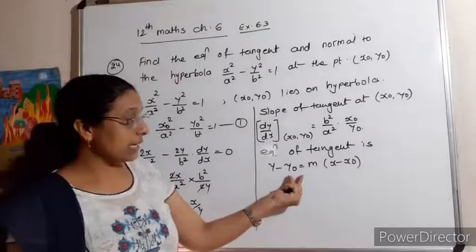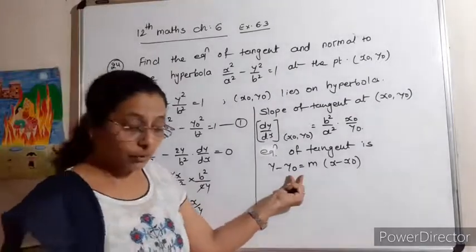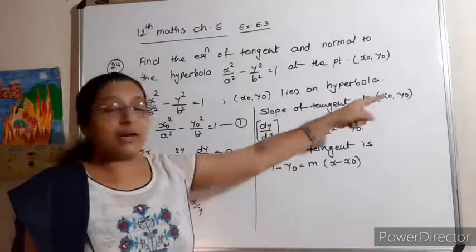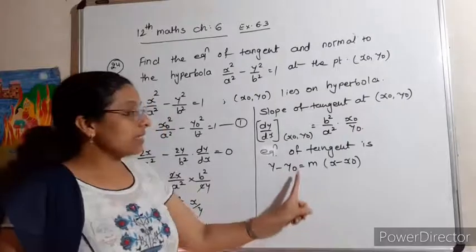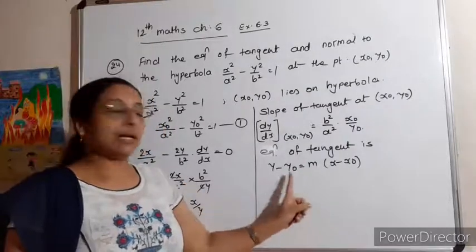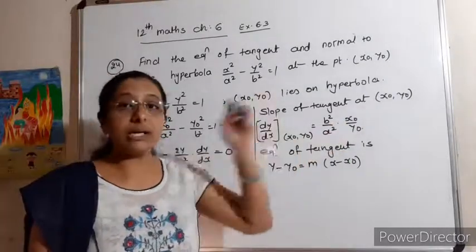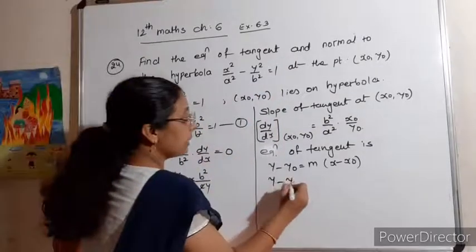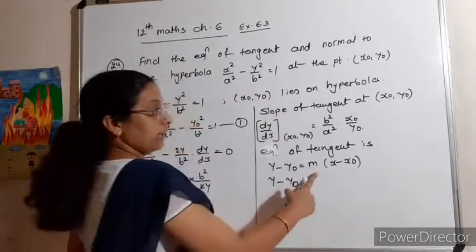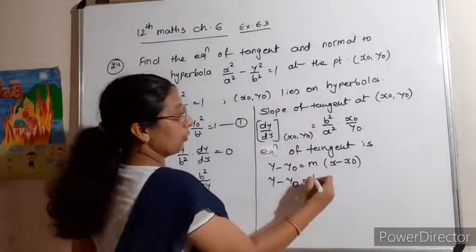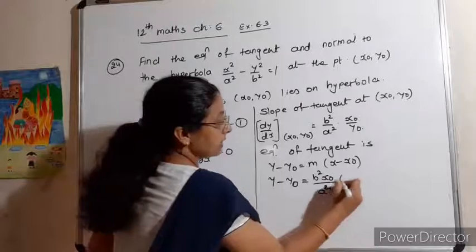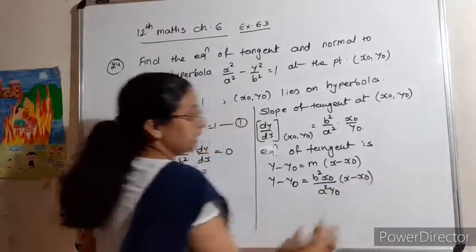But here I have written y0, why? Because the point x1, y1, that is x0, y0, is given. So in place of x minus x1 and y minus y1, I have directly written x0, y0. And y minus y0 is equal to m, m is the slope, b square x0 upon a square y0, times x minus x0.